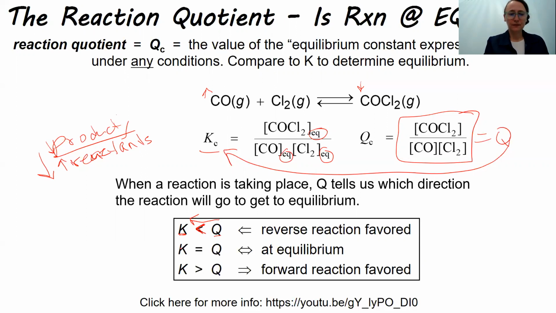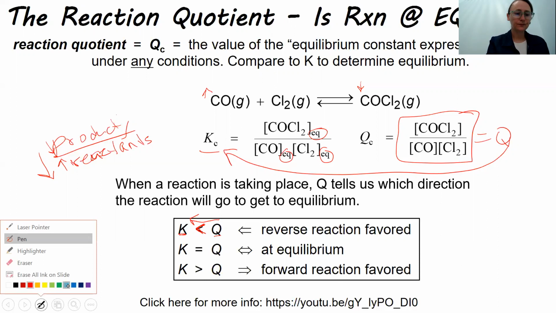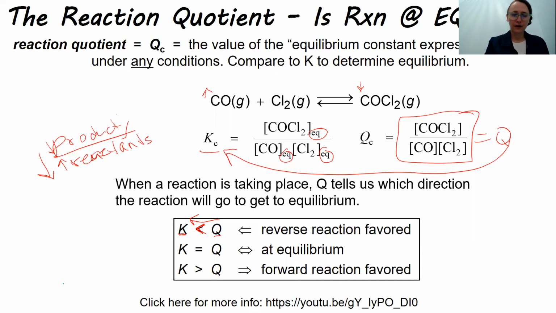All right. If they're equal, then we know they're at equilibrium. If K is greater than Q, then we know our reaction is not finished yet. So if our K is bigger and our Q is smaller, then Q needs to get bigger to get to equilibrium.